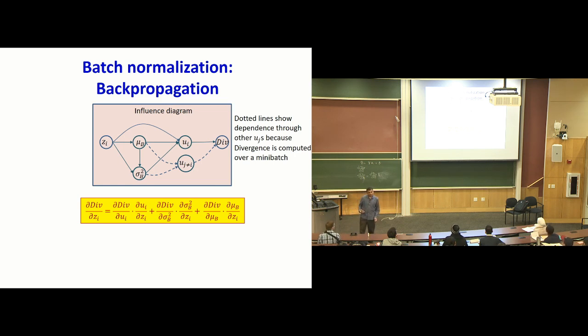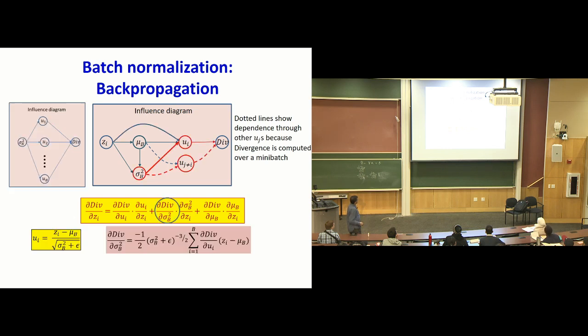These figures are very nice to see exactly everything that you have to account for. Now let's consider the variance first, right? The variance influences the divergence, but the variance influences the divergence not just through the current instance in the batch. It influences it through every instance in the batch, right?